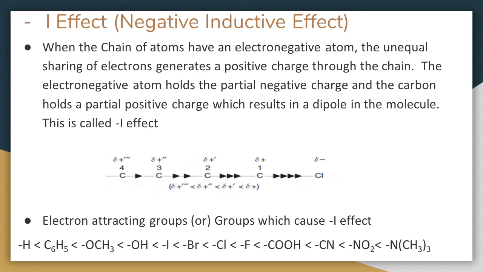The electronegative atom holds a partial negative charge and the carbon holds a partial positive charge, which results in the dipole in the molecule. This is called minus I effect. Here I have listed the groups which cause minus I effect, otherwise the electron attracting groups.